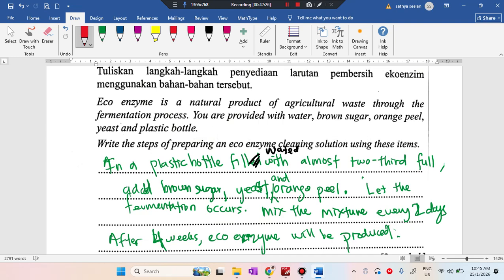Let the fermentation occur. Mix the mixture every 2 days. After 4 weeks, ecoenzyme will be produced.